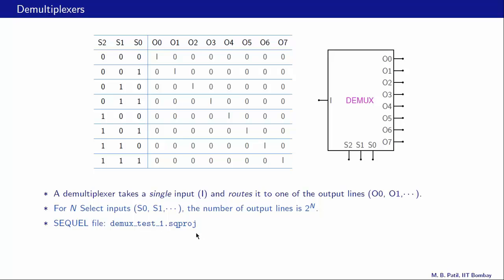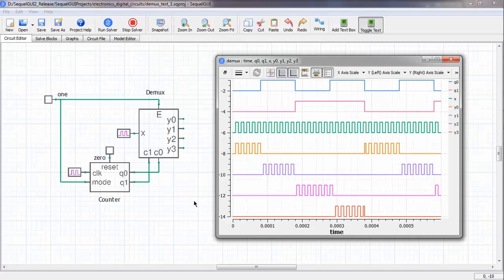Alright, let us now illustrate the functionality of a demultiplexer with this circuit file here. So here is a demultiplexer, that is the input, and the input is a square wave signal, this one here, and it has got select pins S1, S0, it's called C1, C0 here, C for control, and the select lines are coming from this counter.